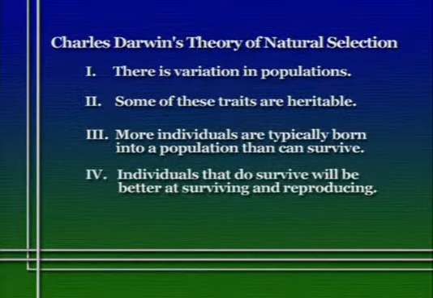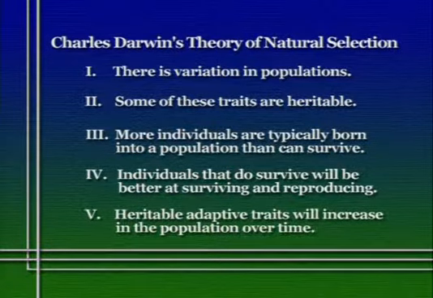And individuals that do survive and reproduce are not a random subset of the population, but instead those individuals possessing traits that somehow make them better at surviving and reproducing in a particular environment. To the extent that the traits that do so, we call these adaptive traits, are heritable, those heritable adaptive traits will become increasingly represented in a population over time and thus shape the phenotypic characteristics of that population. And that's the process of evolution.